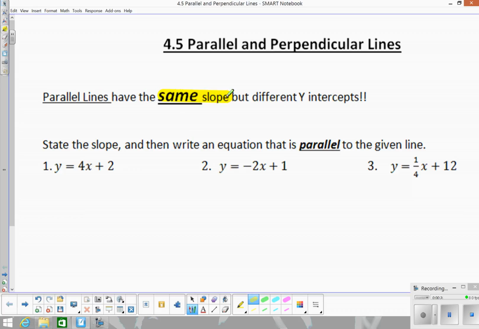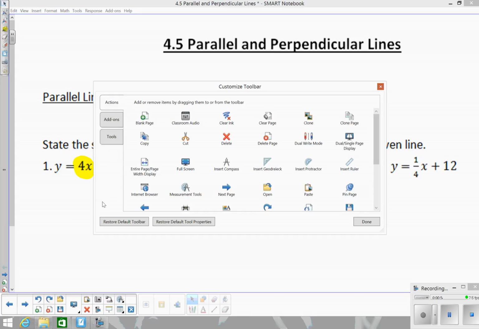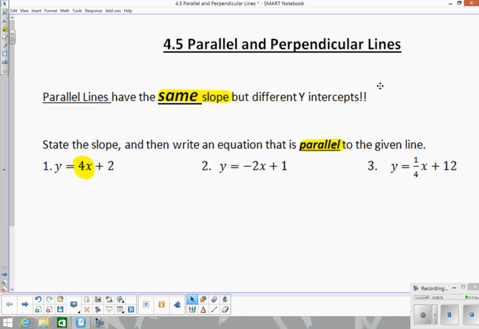So that's very important. If I'm looking at a regular equation in slope-intercept form, and I look at the slope as m, in that case, it is the number in front of x, which is 4. So if I wanted to write a line that is parallel to y equals 4x plus 2, it's going to look very similar. The only thing that is going to be different is my y-intercept. That number is going to be different, and the number in front of x is going to be the same.